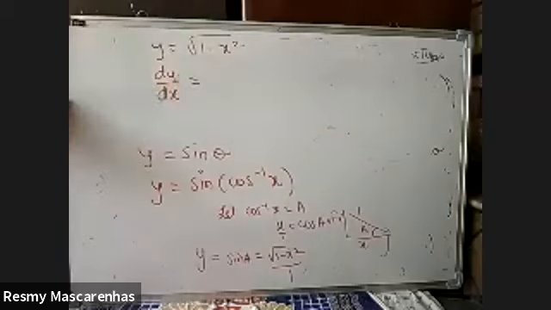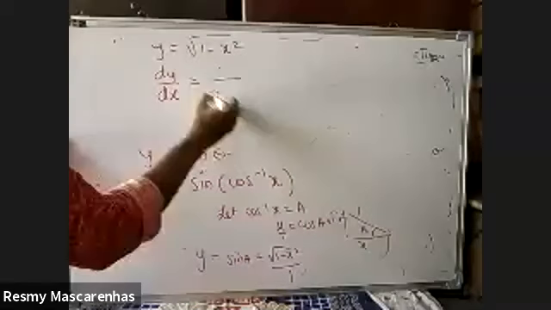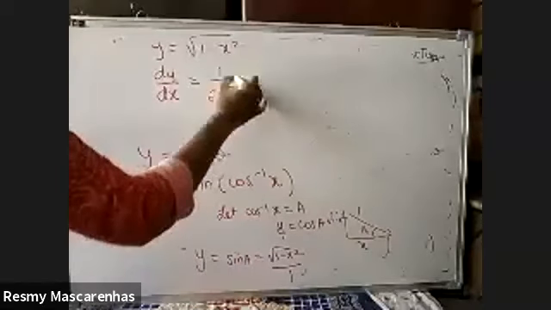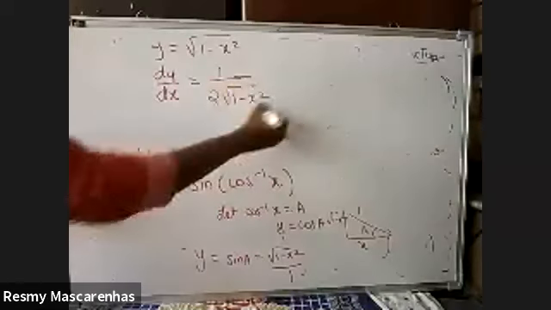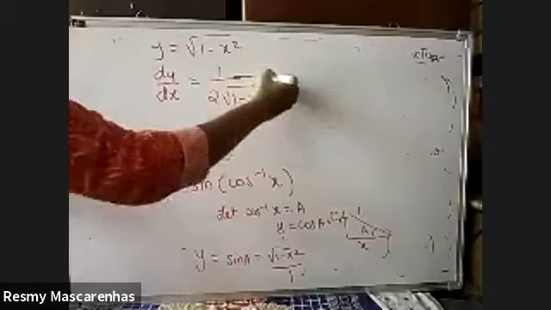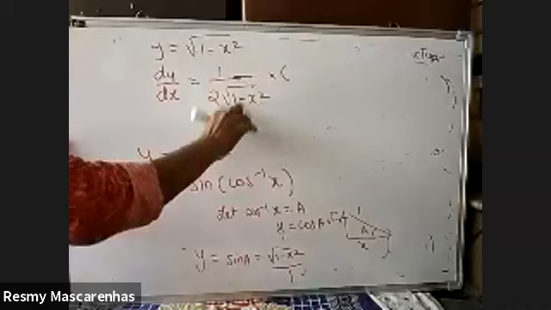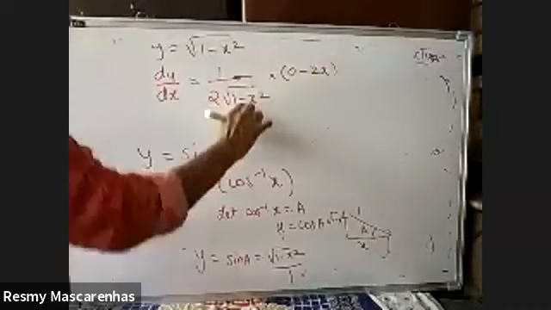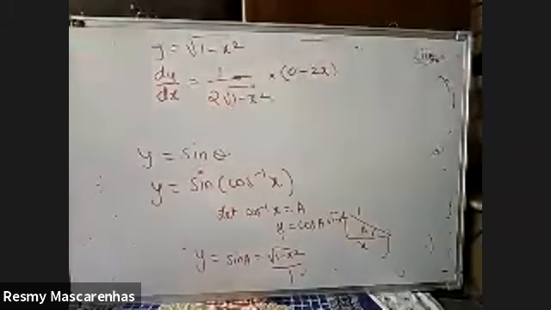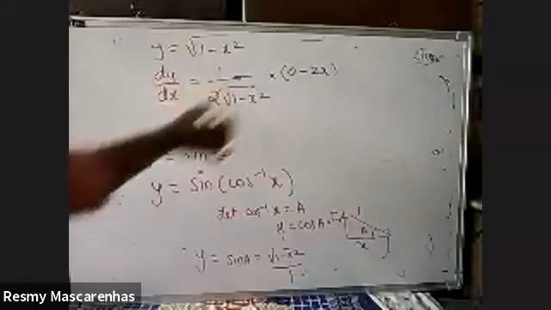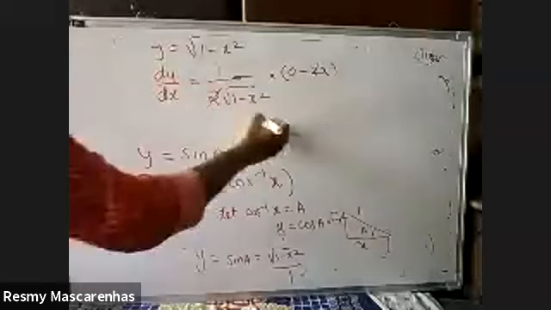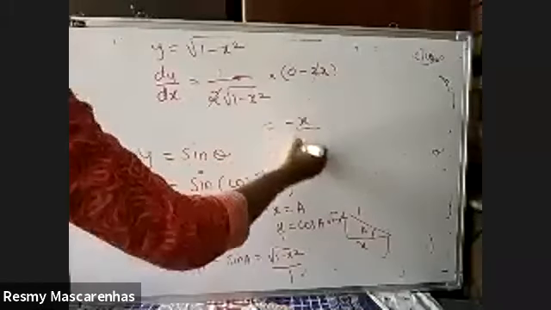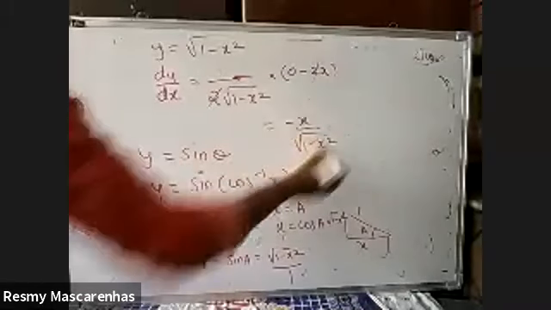If you notice, this is root something. So what is derivative of root? 1 upon 2 root, and then extra derivative of what is inside the bracket. So derivative of 1 is 0. Derivative of x square will be minus 2x. 2 and 2 will cancel. That's how I'll get your answer, which is equal to your right hand side.